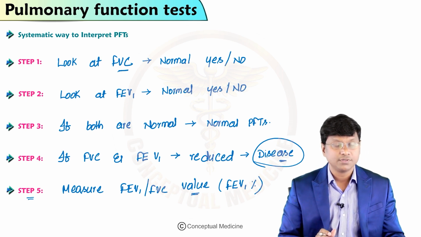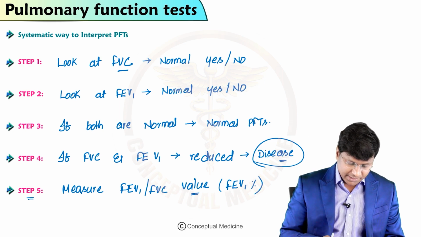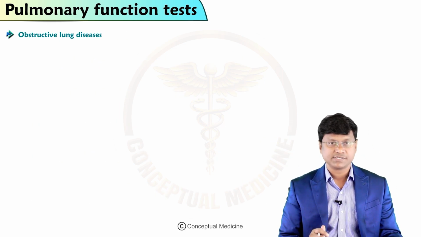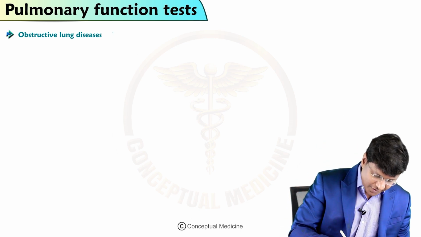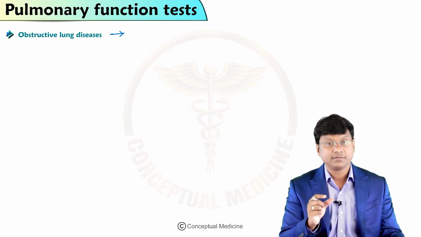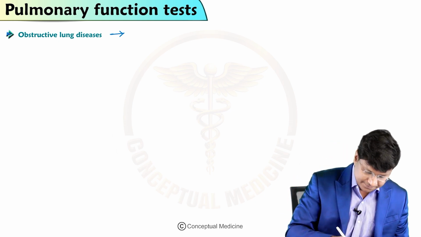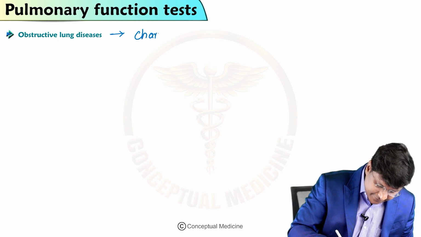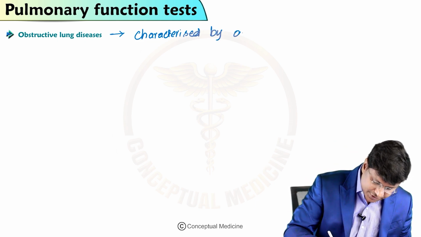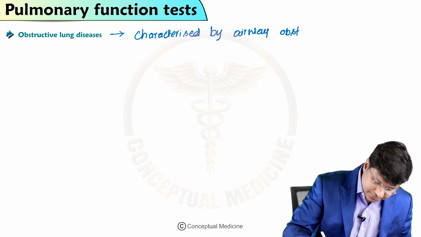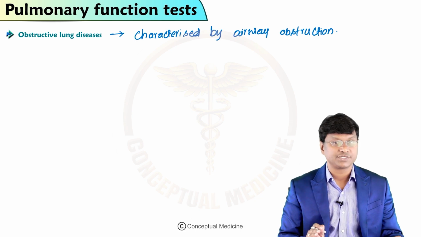So having discussed how to interpret the pulmonary function test, now let me come on to the obstructive lung diseases. First of all, you should know the definition of obstructive lung diseases. See, obstructive lung diseases are a category of respiratory diseases which are characterized by airway obstruction.